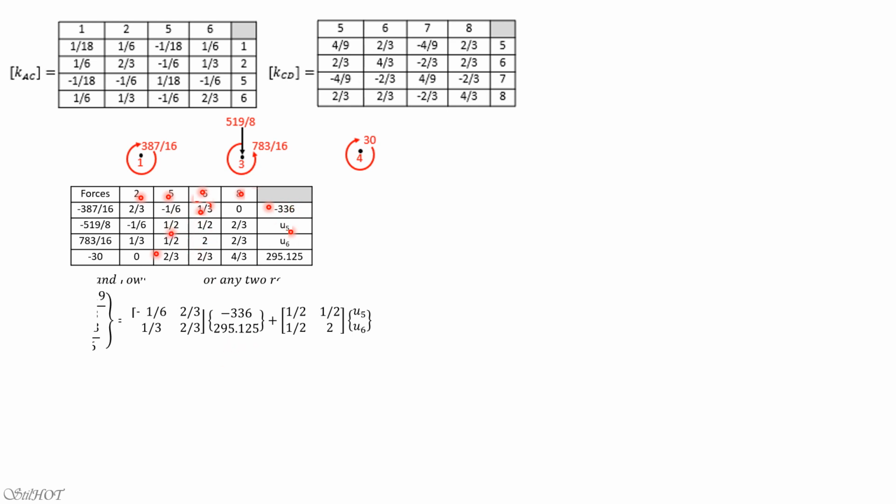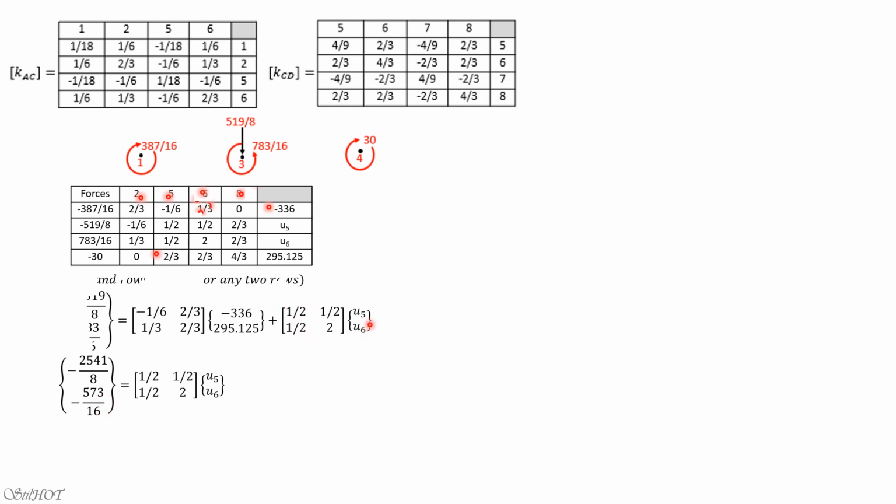Then the middle 2 by 2 matrix, which is this, is associated with the unknowns U5 and U6. So simplifying, negative 519 over 8 minus negative 1/6 times negative 336 minus 2/3 times 295.125 would be negative 2541 over 8. And 783 over 16 minus 1/3 times negative 336 minus 2/3 of 295.125 is negative 573 over 16.